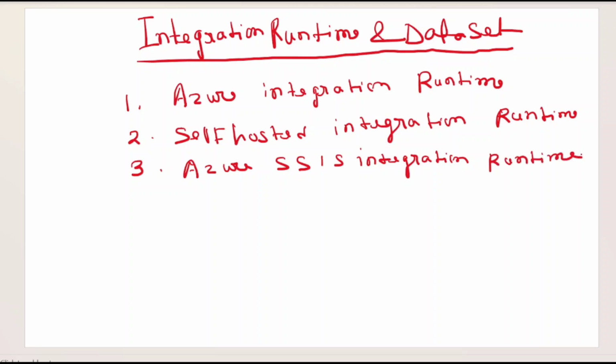Okay, so now you have understood what is integration runtime. Now, types of integration runtime. These are the different types of integration runtime. Azure Integration Runtime is the default IR managed by Azure.